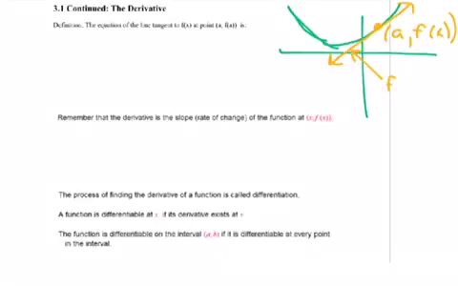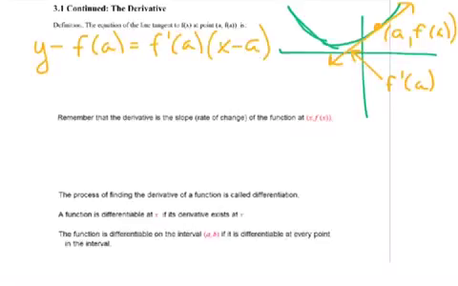The slope of that is simply going to be the derivative at that point. So using point slope, it would be y minus f of a equals the derivative at that point times x minus a. The purpose for these lines is a lot of times I can use that line to approximate function values that are really close to the a value.